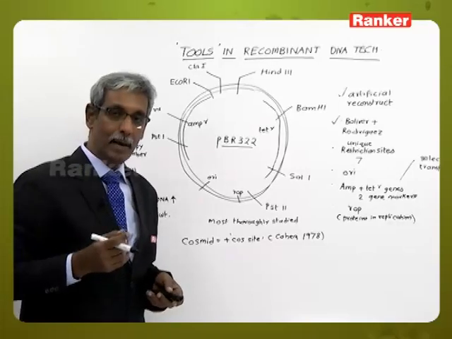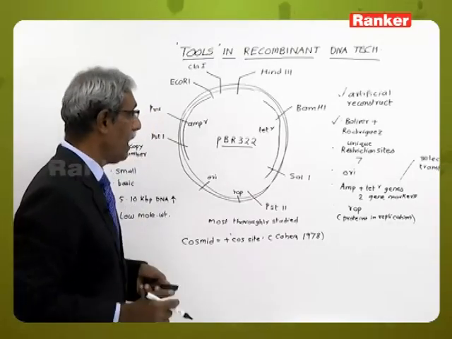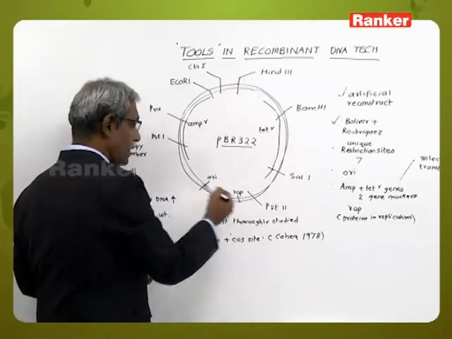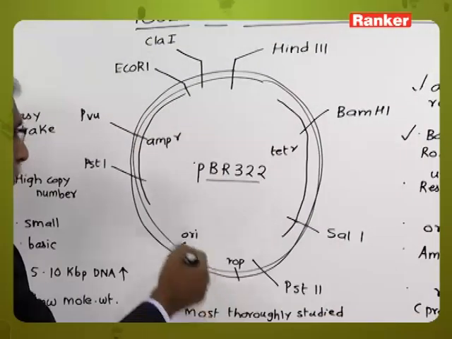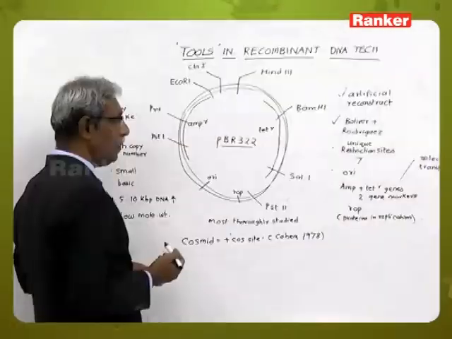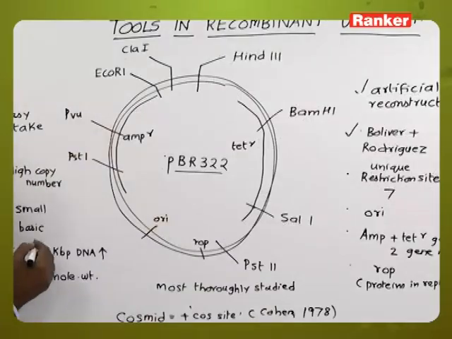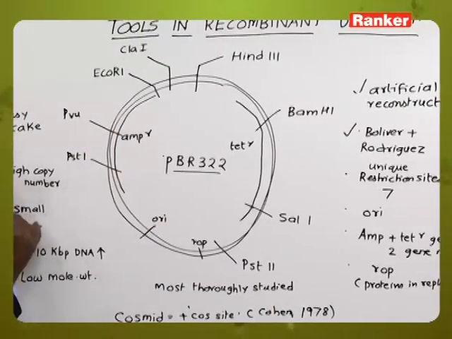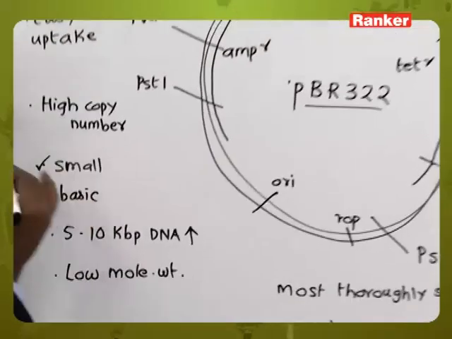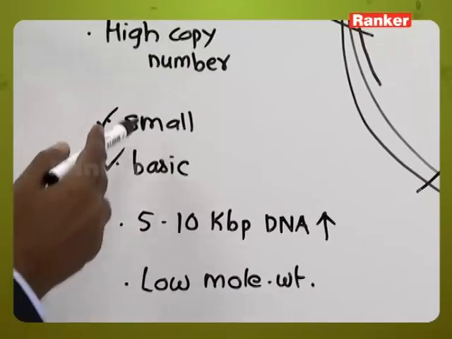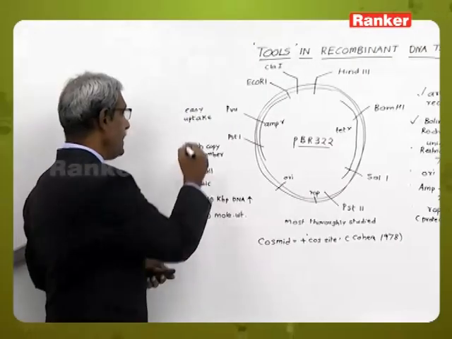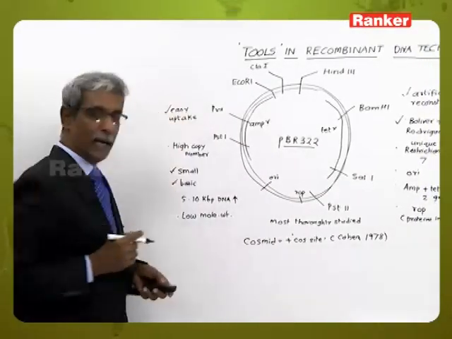It has been studied in vitro. And pBR322 is a circular molecule. It is a small and a basic vector, and it can easily take up DNA.